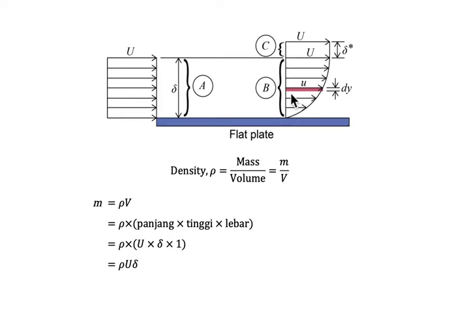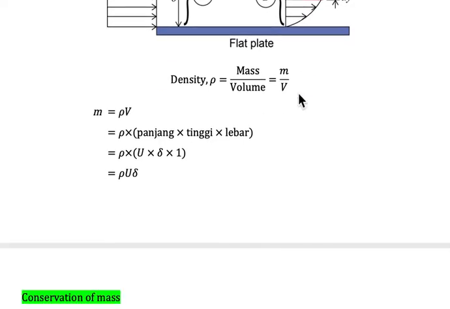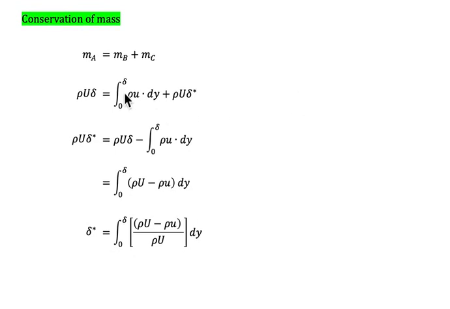So the mass only for the colored area here is rho, u, and dy. To find the total mass in this curved area, we integrate this value. So rho u dy is only the mass for the colored area. Then we integrate this term from 0 to delta, and we will get the total mass for area B.